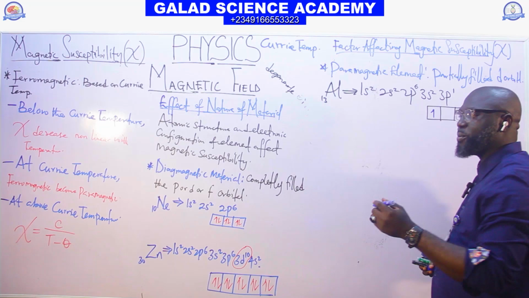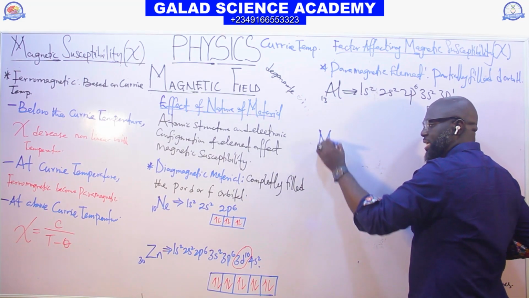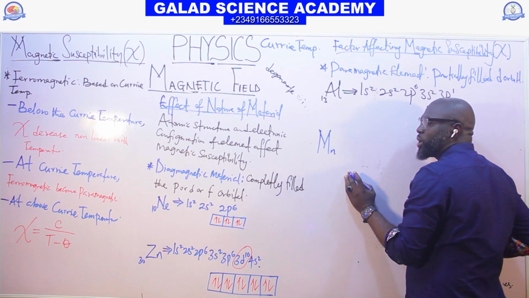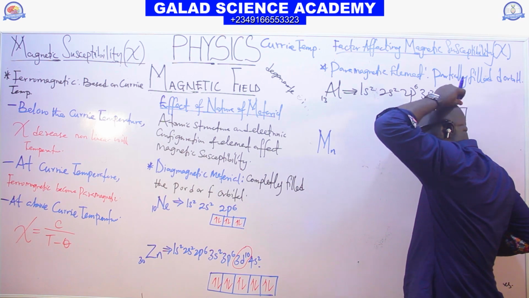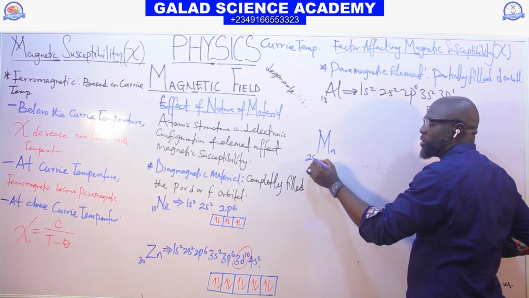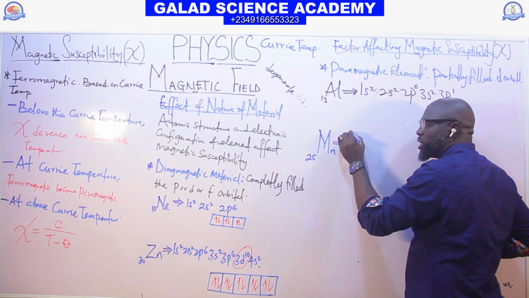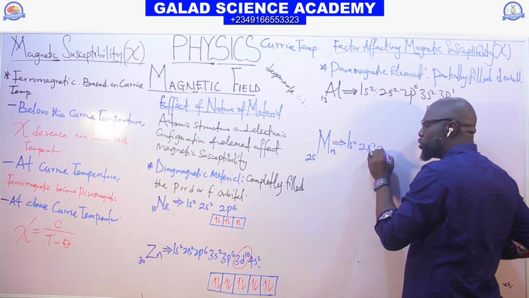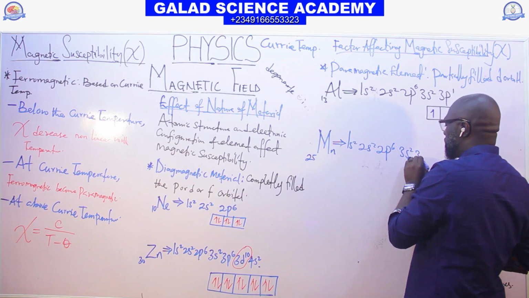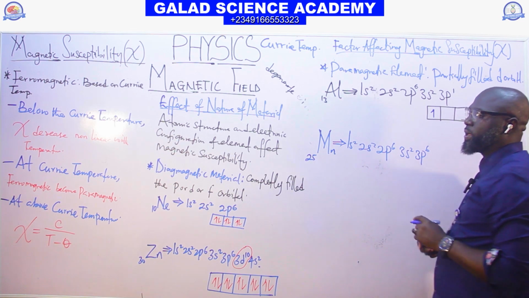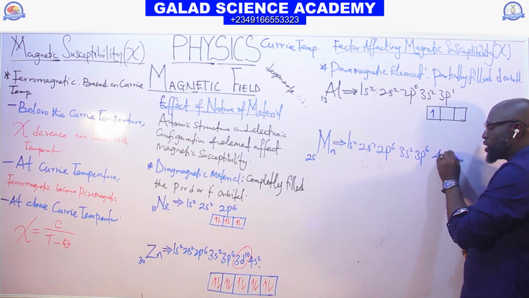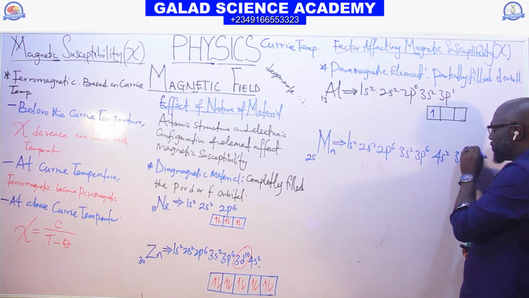Let me give you one more example. We have manganese with atomic number 25. Remember, 25. The configuration will be 1s2, 2s2, 2p6, 3s2, 3p6, 4s2, 3d5.